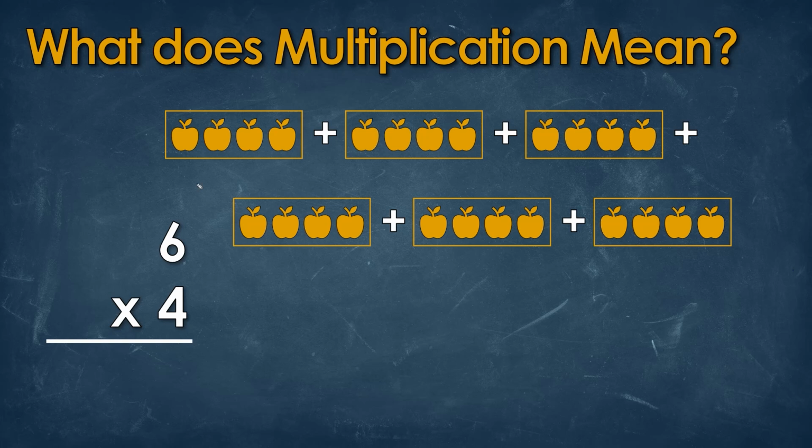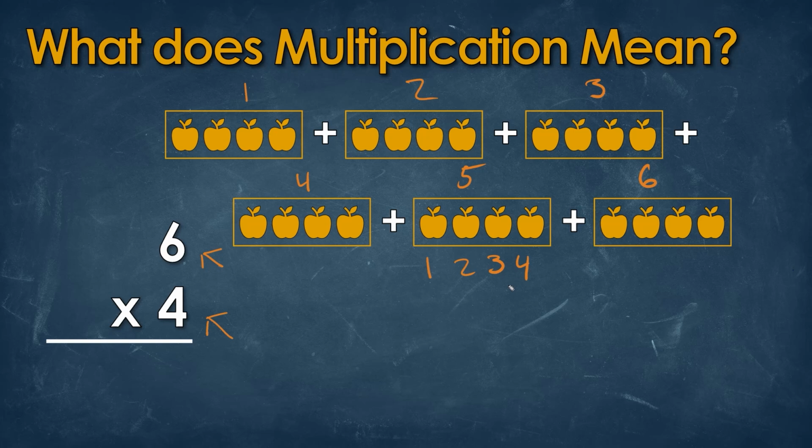Okay, now let's try this example. We have 6 groups with 4 items in each group. Okay, well that matches here. We've got our 6 groups, 1, 2, 3, 4, 5, 6 groups, and each group has 1, 2, 3, 4 apples.